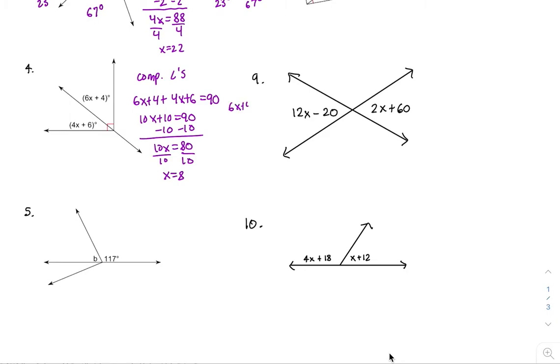So 6x plus 4, that's one of them. Actually, I'm going to run out of room right there, so I'm going to write over here 6x plus 4 and 4x plus 6. Plug in 8 into both. So for this one, we get 52 degrees, and for this one, we get 38 degrees. So this one's 38, and this one is 52.